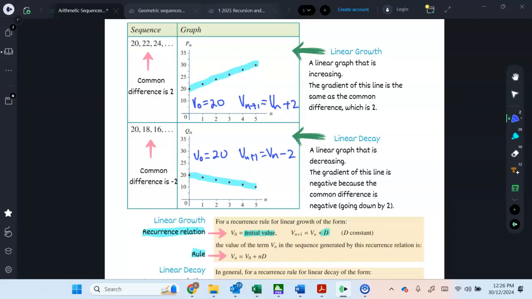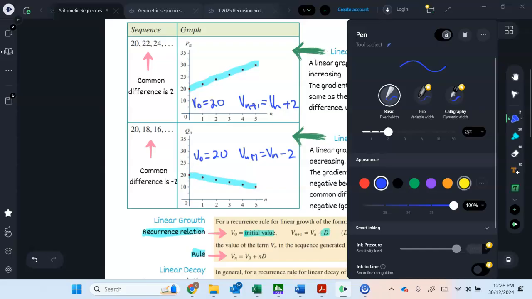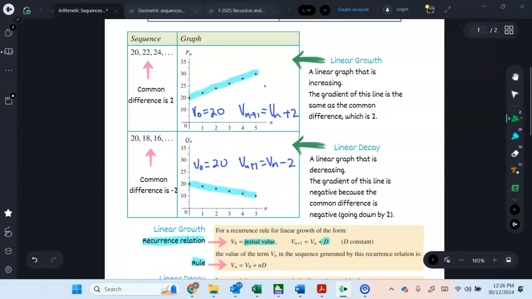Now you might think, that doesn't look like a linear equation to me. No, because it's a recurrence relation. A recurrence relation is just telling you the relationship between one value and the next. So this is one value, our previous value.